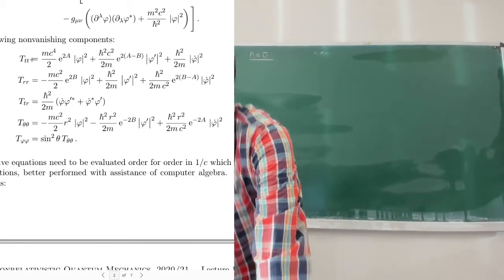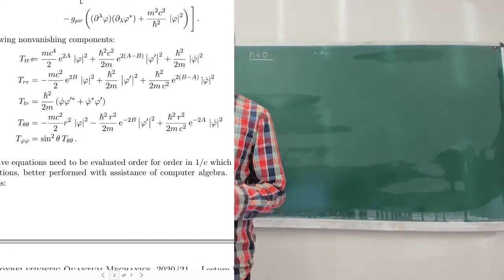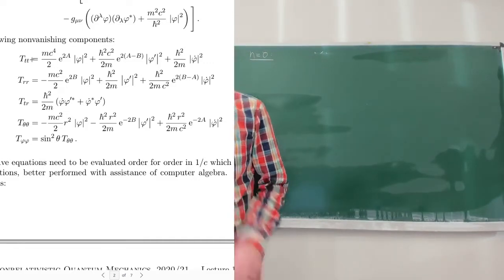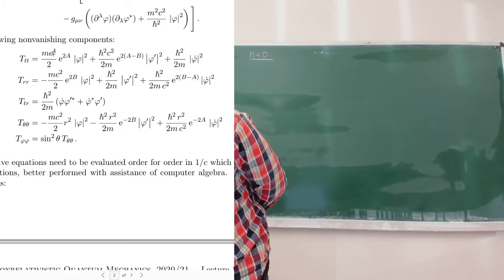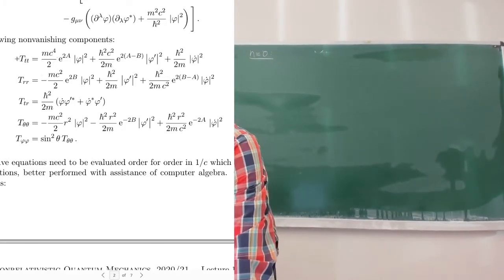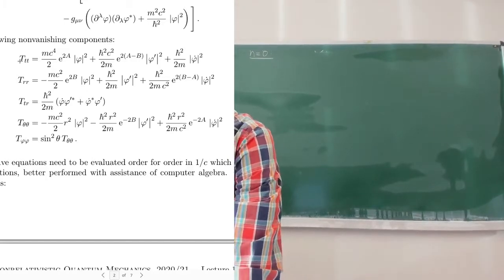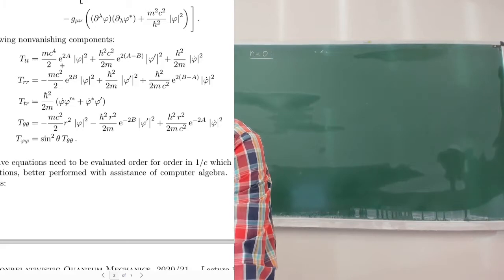But remember that the stress energy tensor in Einstein's equations gets divided by c to the power 4. So this is actually a power of order 1 term at the lowest order. So the TT component contributes in the stress energy tensor at order c to the power of 0.